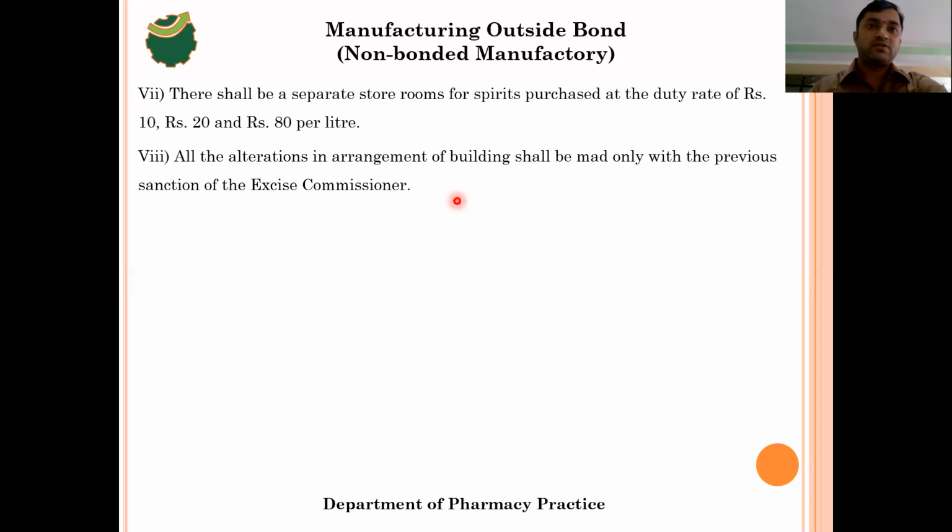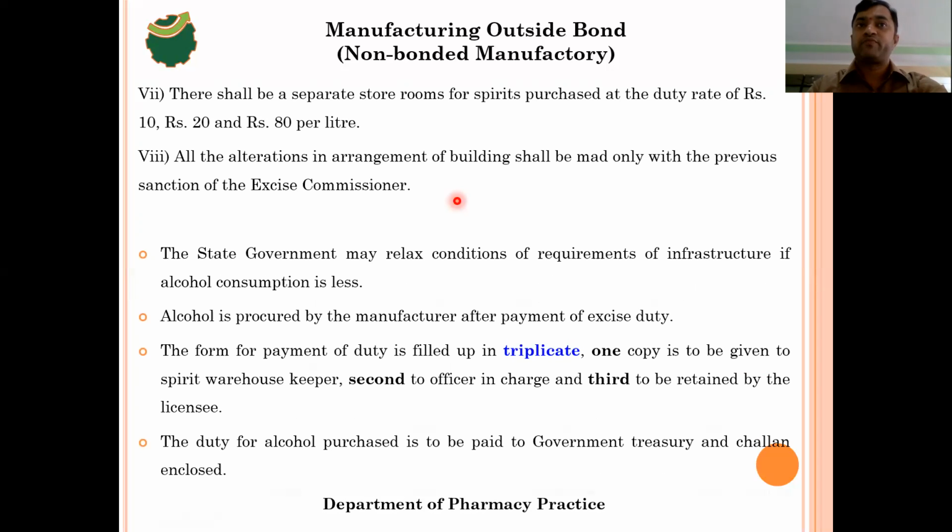So there shall be a separate finished goods store room for medicine and toilet preparations. All alterations in the arrangement of the building shall be made only with the previous sanction of the excise commissioner.